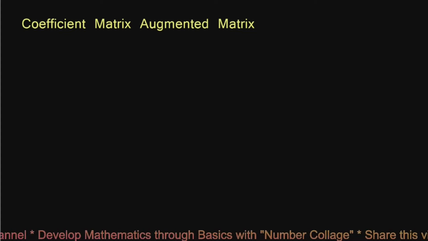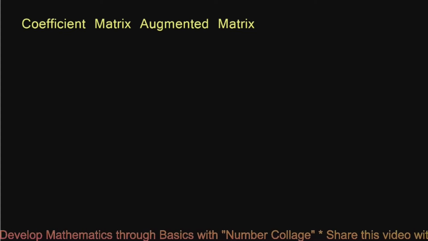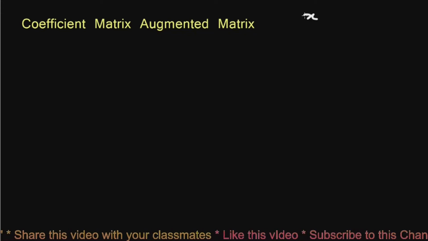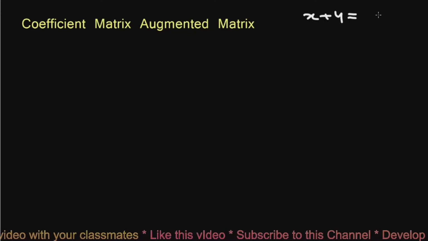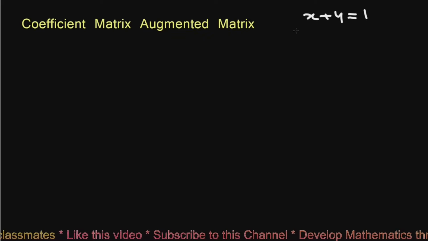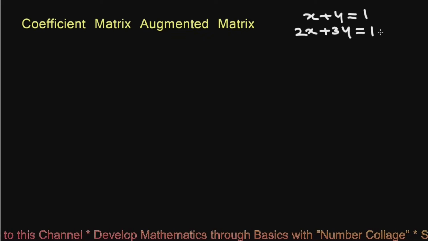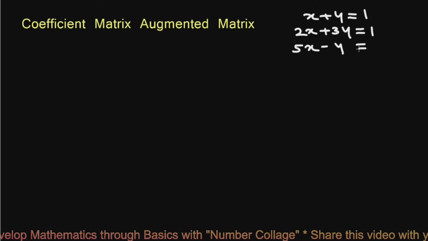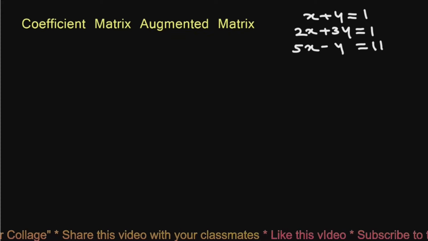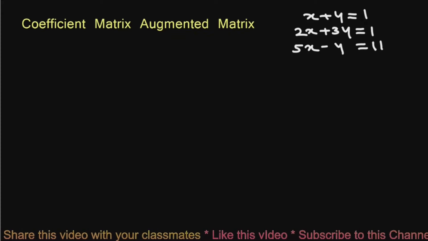Suppose we have 3 linear equations in 2 variables such as x plus y equals 1, 2x plus 3y equals 1 and 5x minus y equals 11. We know how to write these linear equations in a matrix form.